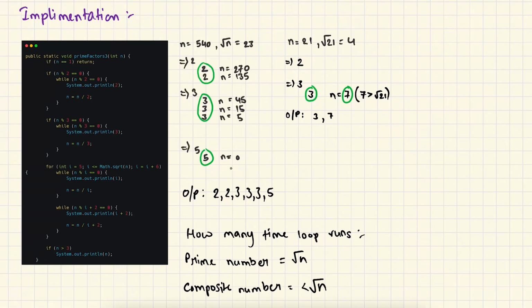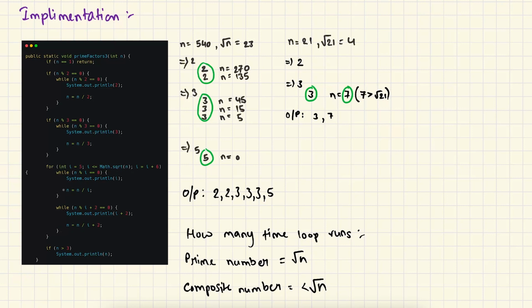So let's see what happens in case of a composite number. Let's say I pass 20 to this function, our if statement is going to run. It takes out all the multiples of 2, then it takes out all the multiples of 3 if they exist, then the for loop is also going to run, and this time as the number is composite, maybe the inner while loop is also going to work.